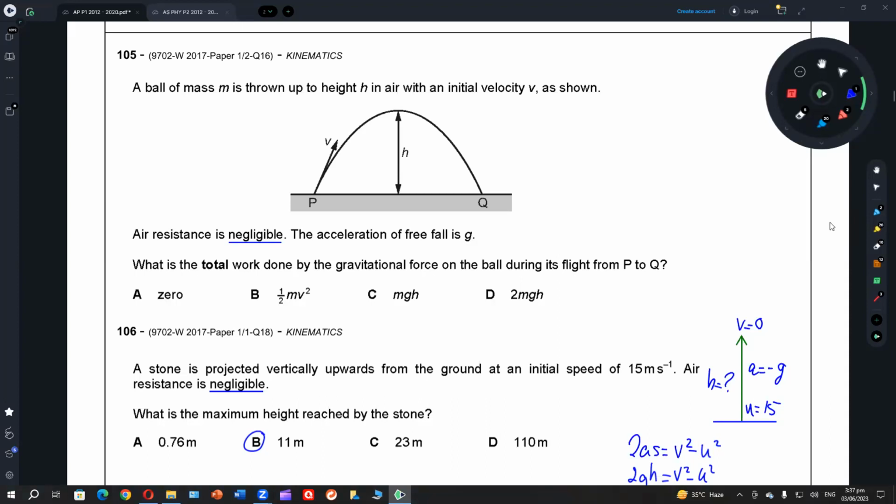So you have to carefully see, it's going upward and coming back to the same position. So will it be zero, as it is force times distance in the direction of the force? The point is that when it is going upward, there is a gain in gravitational potential energy, and when it is coming downward, it is lost.